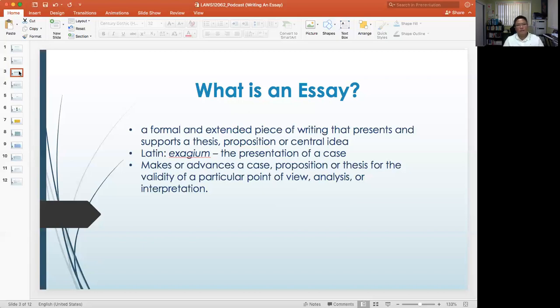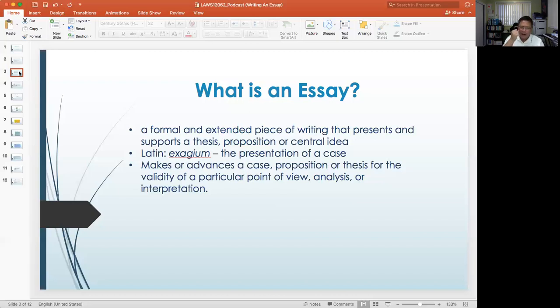It could be a thesis that vaccination against COVID-19 is risky, or it could be an idea that the COVID-19 vaccination is crucial in order for the new normal to happen, and so on. So that is what that essay is about.